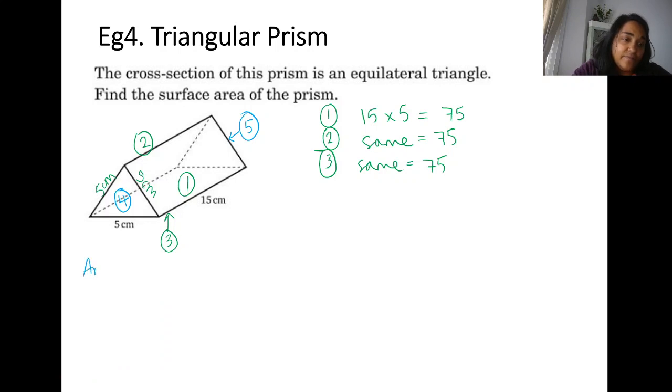because in order to work out the area of an equilateral triangle, we need to do something special. Does anybody have a guess? Yes, some of you may remember, in order to work out the area of an equilateral triangle, we need to use our old friend Pythagoras.